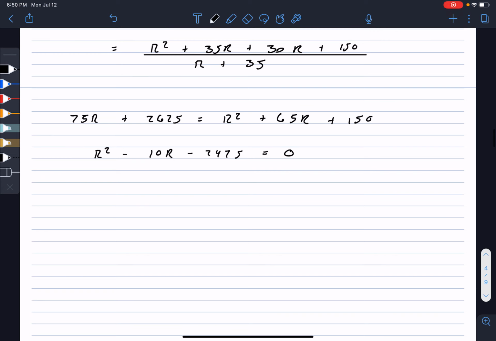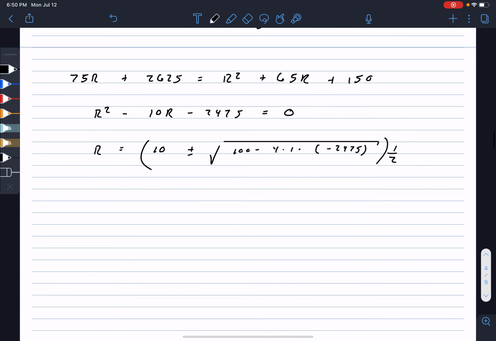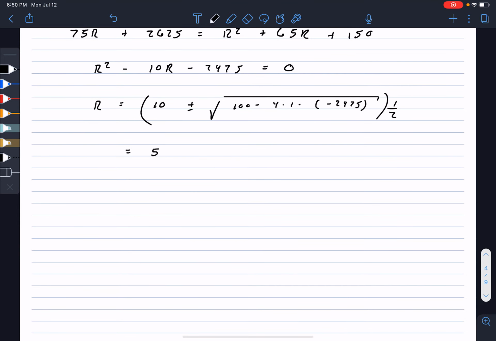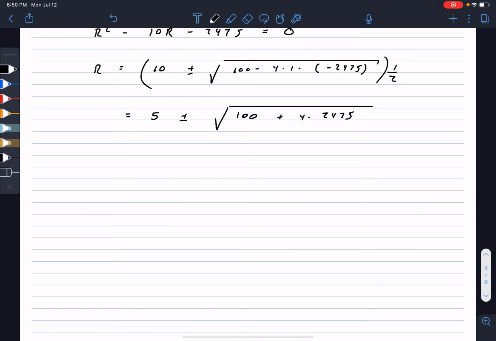Okay, we solve for R, which is going to be 10 plus or minus the square root of 100 minus 4 times 1 times negative 2475. I'm just using the quadratic formula from algebra. This is going to give us 10 plus or minus the square root of 100 plus 4 times 2475, because we have negative, negative, so that leaves us with a positive value, times 1/2.